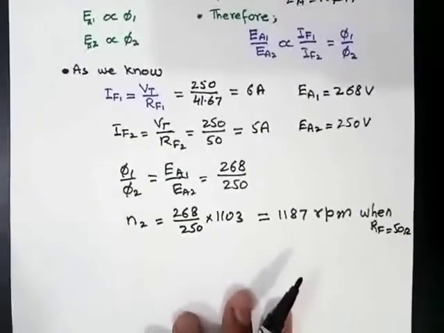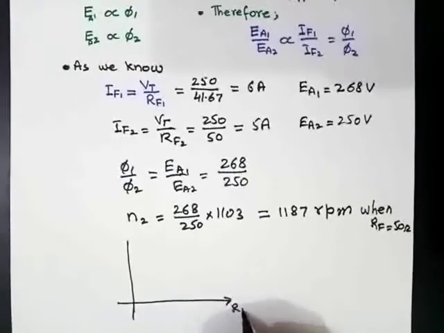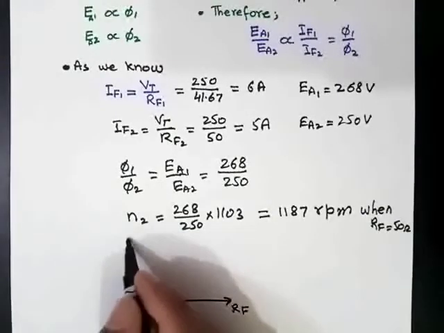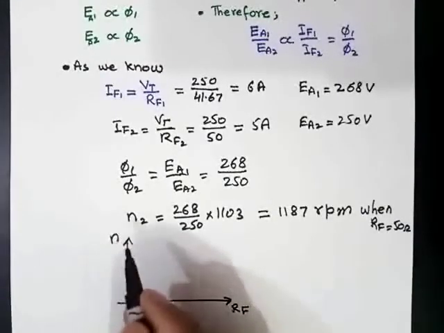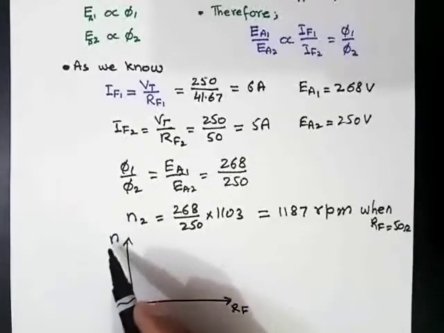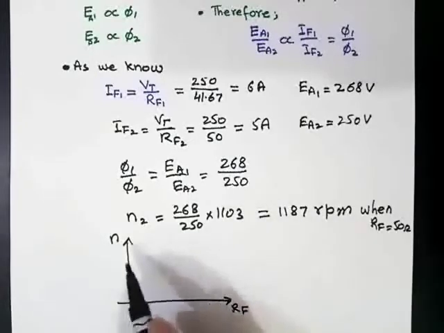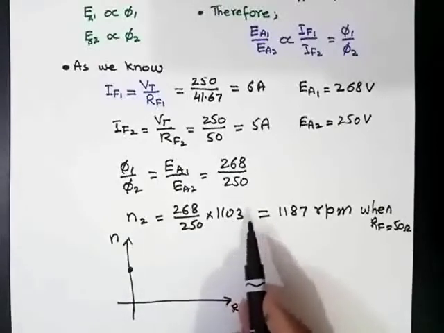The plot is shown here. Now as you can see, this is the field resistance and this is the speed in revolution per minute. We can use omega as well by converting the speed revolution per minute into radian per second. At the start the speed was 1103 revolution per minute.